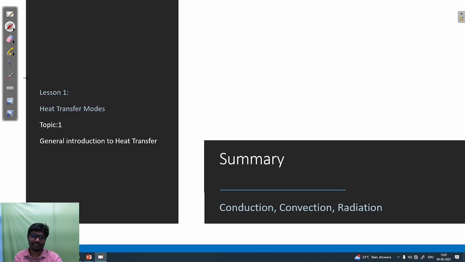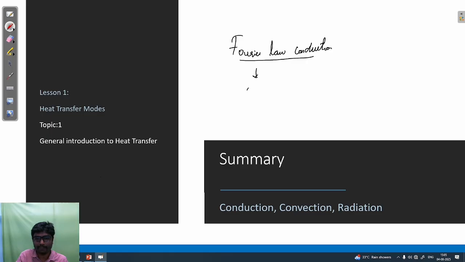In the next class we will discuss the concepts related to conduction, where we will see the Fourier law of conduction, and with the help of this Fourier law we will solve some simple problems to make sure we can apply what we have learned in the previous sections.